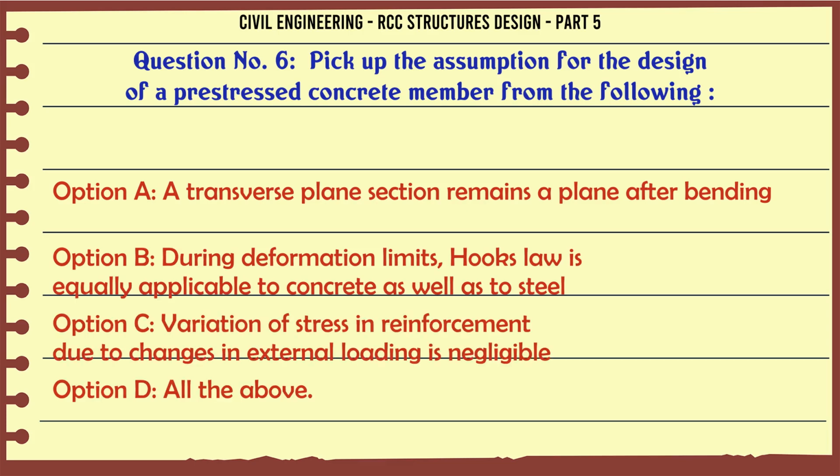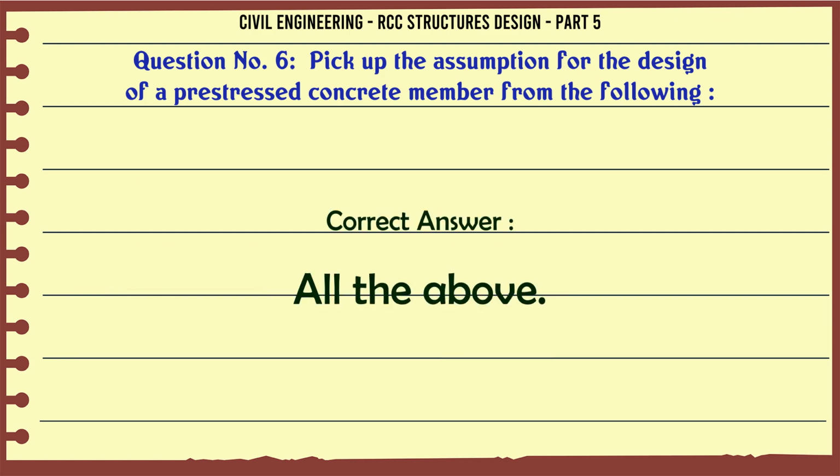Pick up the assumption for the design of a pre-stressed concrete member from the following. A. A transverse plane section remains a plane after bending. B. During deformation limits, Hooke's law is equally applicable to concrete as well as to steel. C. Variation of stress in reinforcement due to changes in external loading is negligible. D. All the above. The correct answer is all the above.